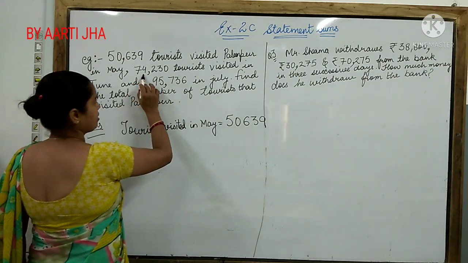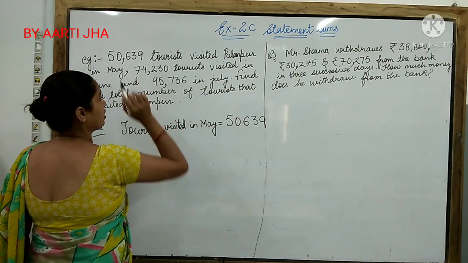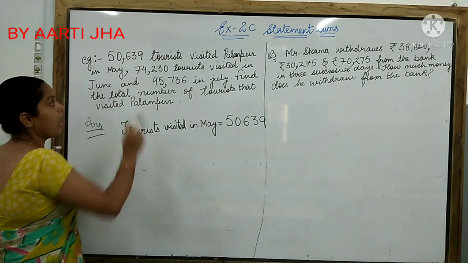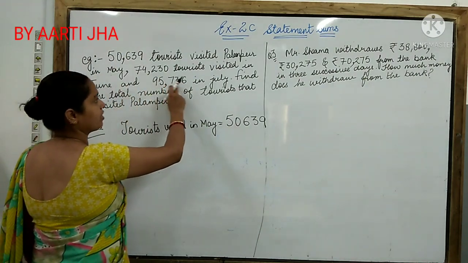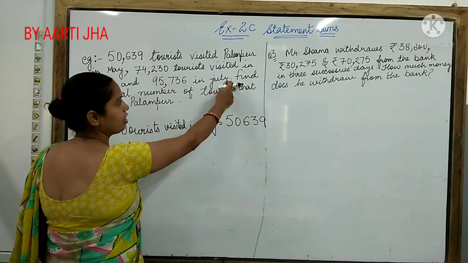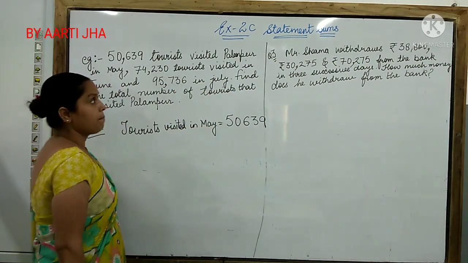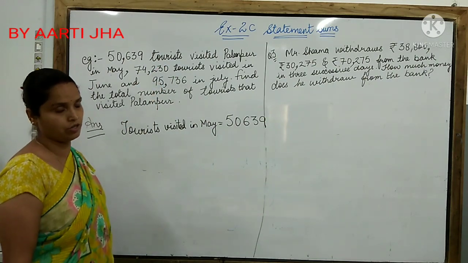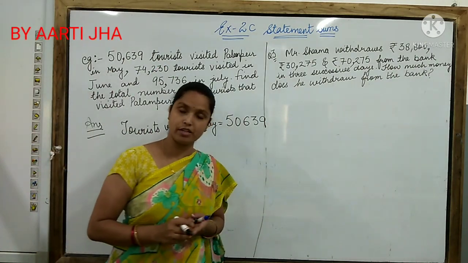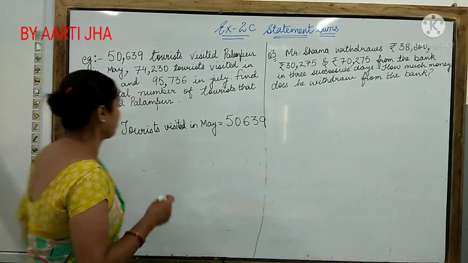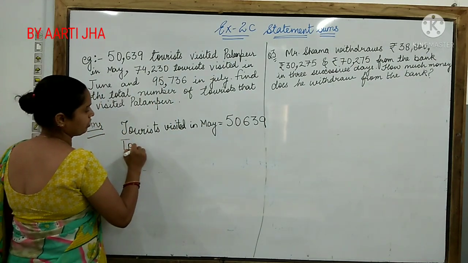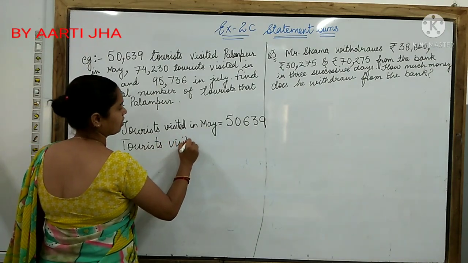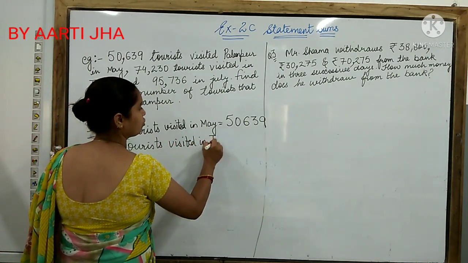The second line says 74,230 tourists visited in June and 95,736 in July. And here your line finishes. As the line finishes, there are 2 things told in this question: how many tourists visited in June and in July. So let's write down. Tourists visited in June.